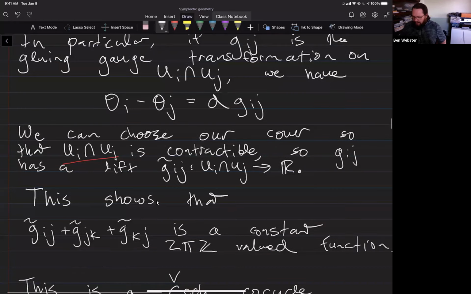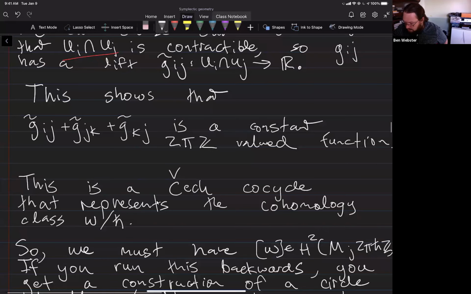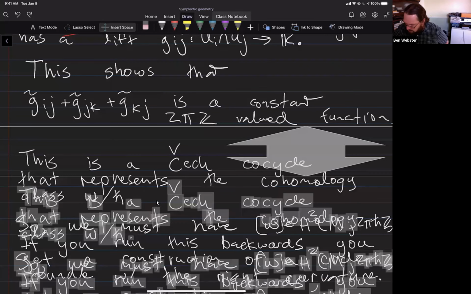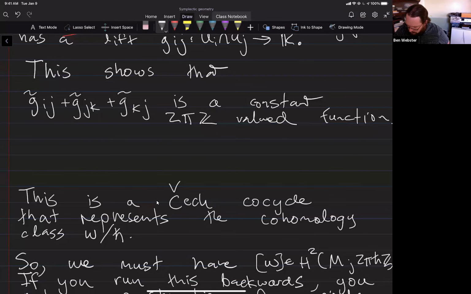Now, what do we find out when we look at the triple gluing of this lift? Well, d of this sum is 0.